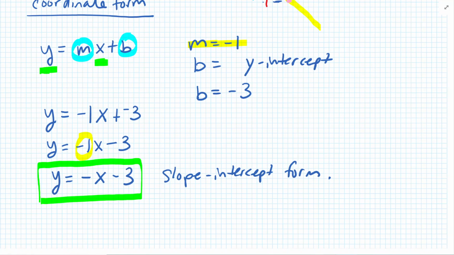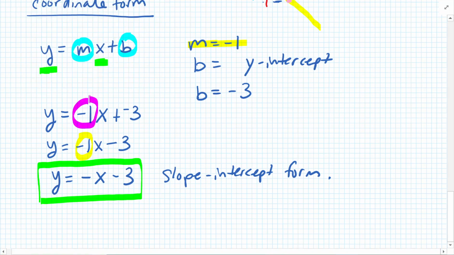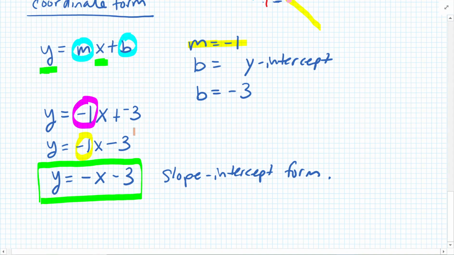Well, this form of the linear equation has a slope value, which is here in purple, and it also has a y-intercept value, which is in that orange. Slope, -1, intercept, -3 form of the linear equation.